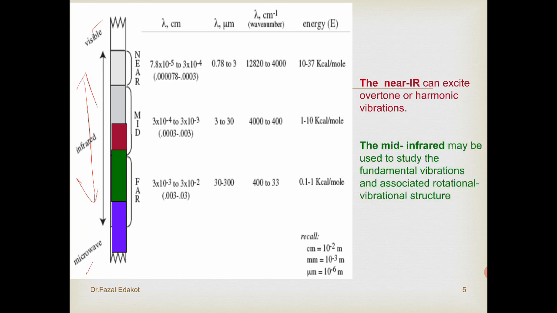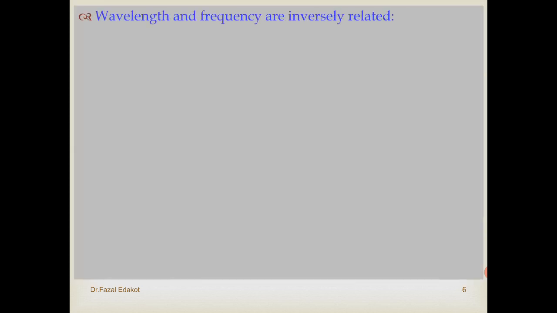The mid-infrared may be used to study the fundamental vibrations and the associated rotational-vibrational structure. And the far infrared may be used for rotational spectroscopy. We have already discussed the regions.